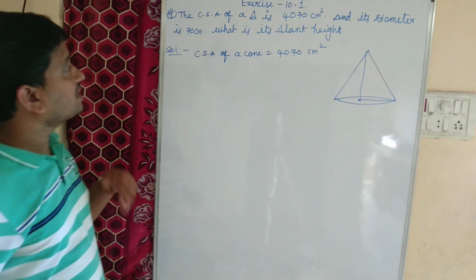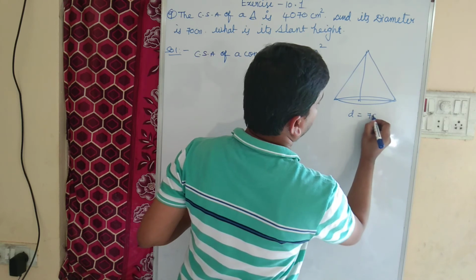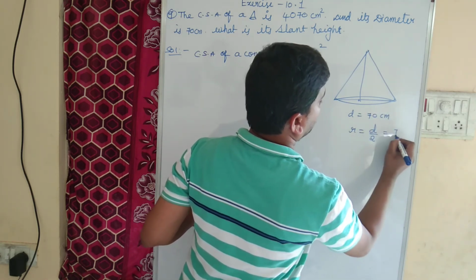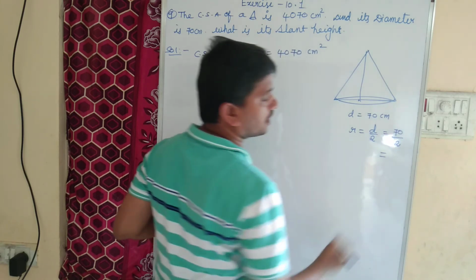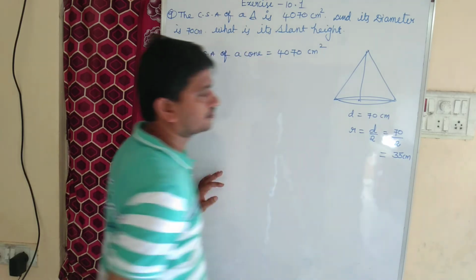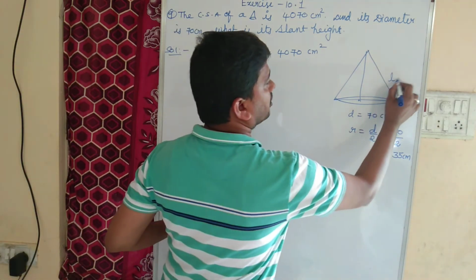And its diameter is 70 centimeter. Total diameter is given 70 centimeter. What about the radius? Radius will be half of the diameter, 70 by 2, that is 35 centimeter. And they are asking to find what is its slant height.